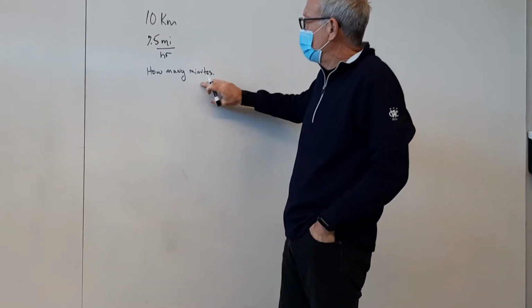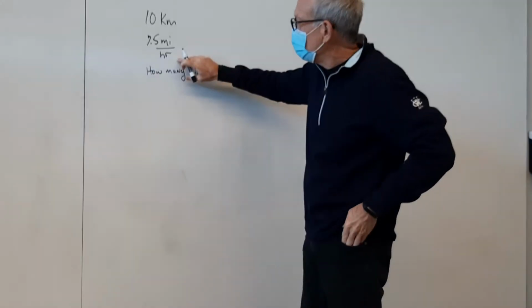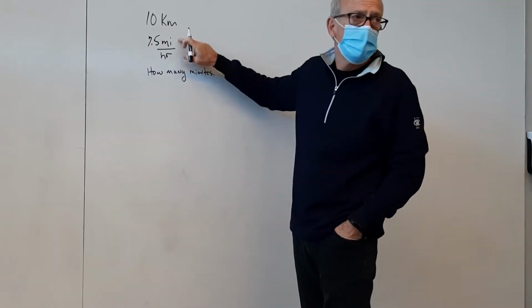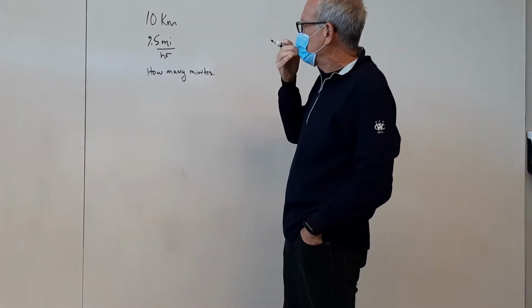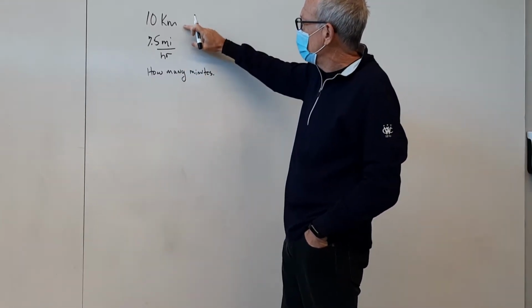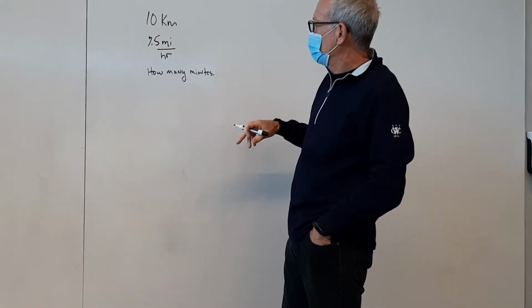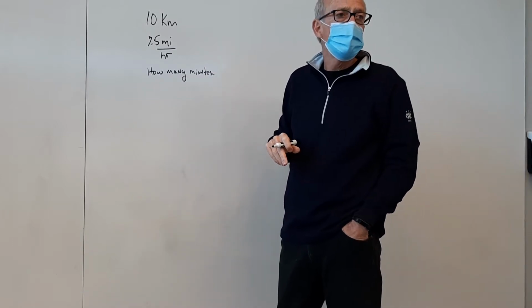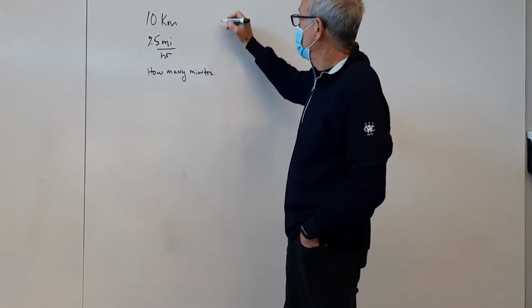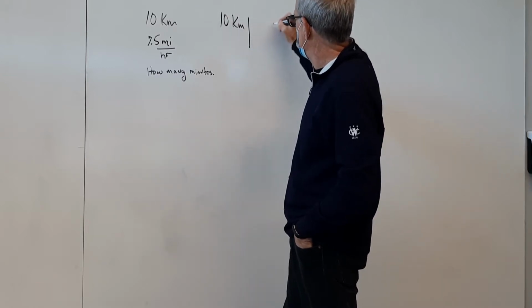Kilometers, and I want to end up in minutes. So I'm going to end up in time. That tells me I'm going to have to flip this at some point. So I'm going to see how many miles 10 kilometers is. We'll do that first? All right, so I got 10 kilometers. I want to change that to miles.